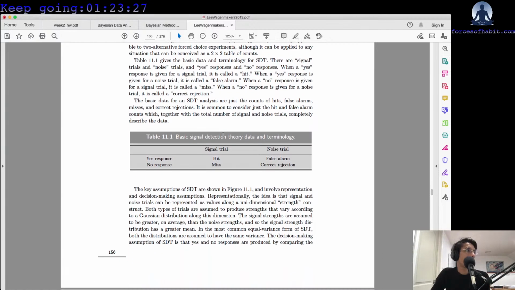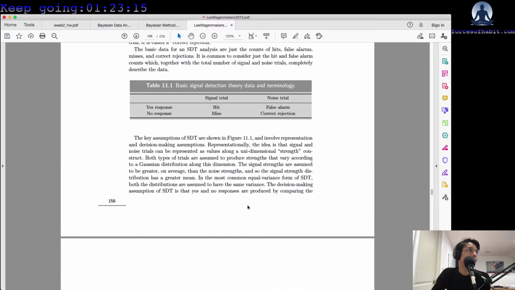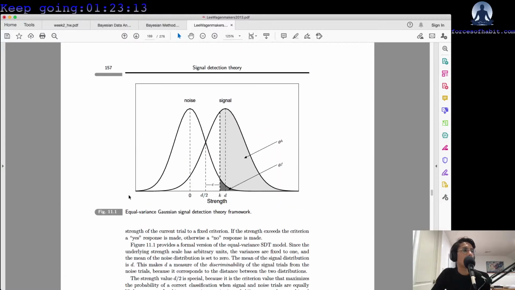All right, so signal detection theory is based on this idea that signal and noise can be represented unidimensionally, meaning that across a single dimension, we have strength, or evidence.